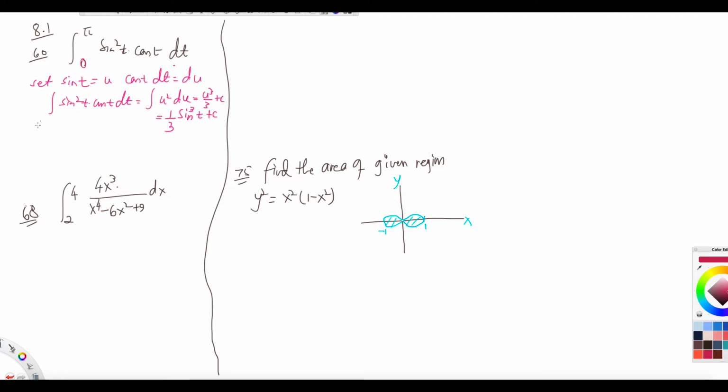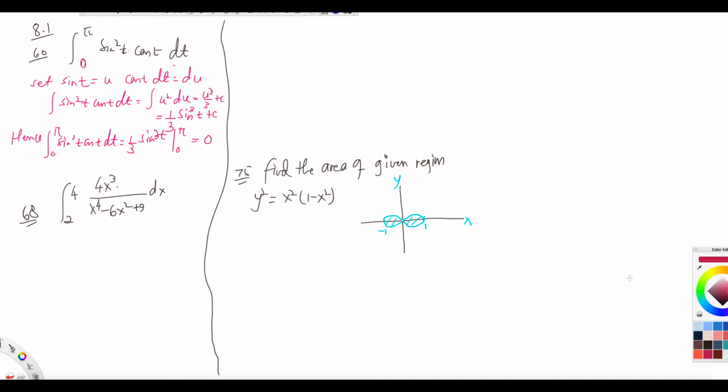If you plug in the limits, the integral from 0 to pi of sine squared t cosine t dt equals 1/3 sine cubed t, and you don't need plus c because it will cancel out. If you plug in pi, you'll get 0, and minus, if you plug in 0, you'll get 0. Basically this will be 0.